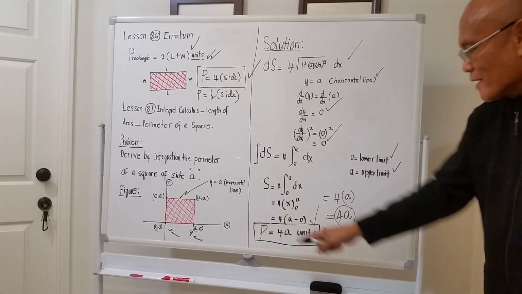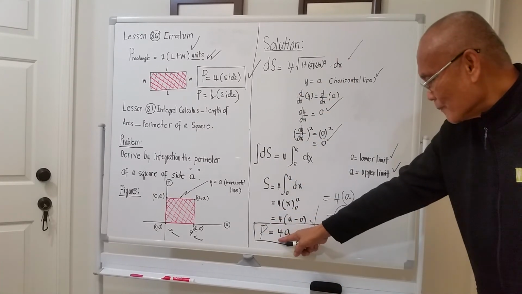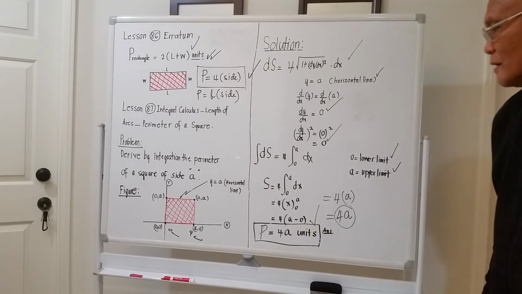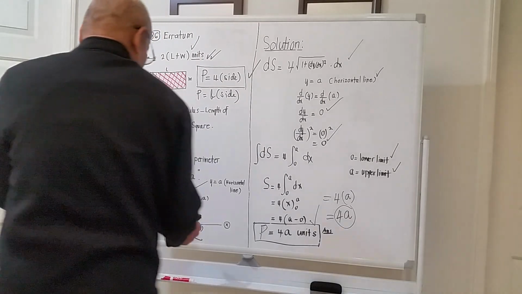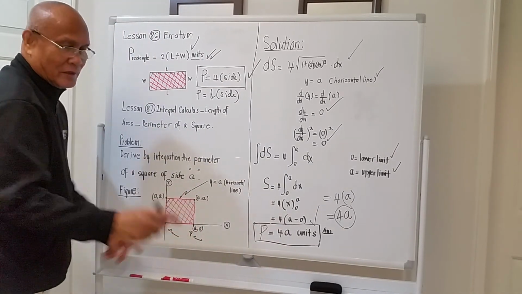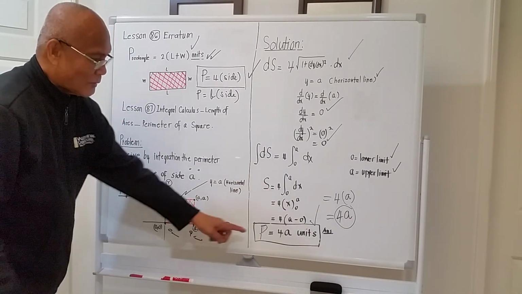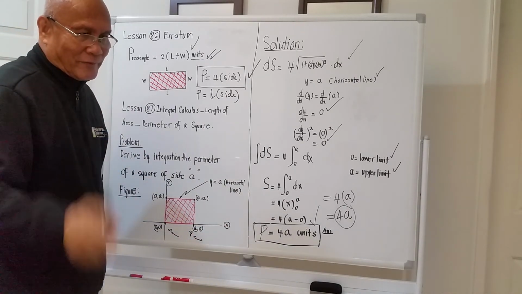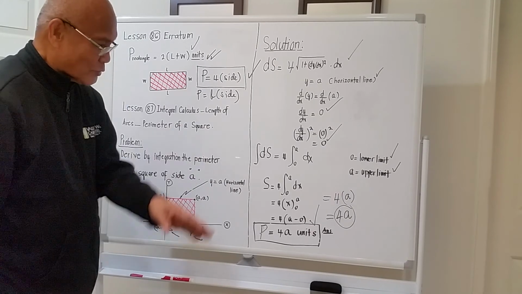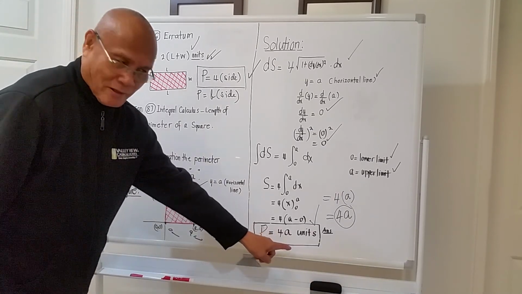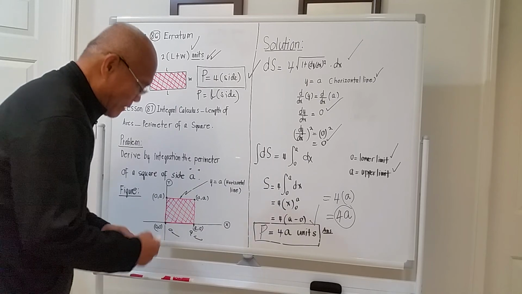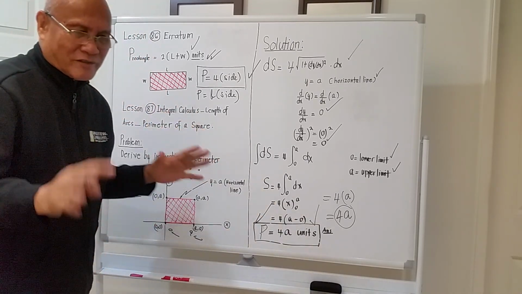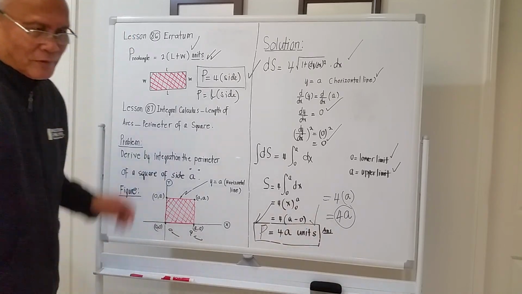For a square, the perimeter is 4 times the length of the side, in units. Whatever the length of the side of the square, you multiply that by 4, and that will be the perimeter. So the formula we use in lower mathematics, that the perimeter of a square is 4 times the length of the side, actually emanates from integral calculus. It was all derived from integral calculus.